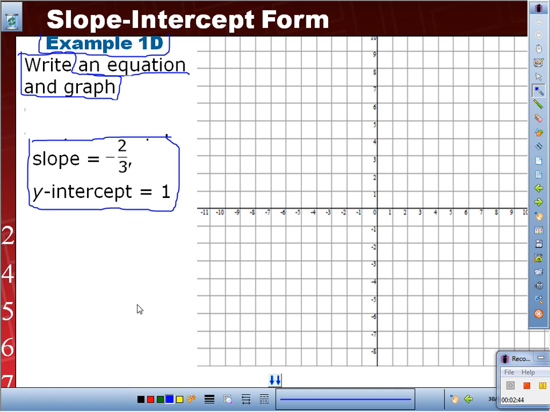All right? So let's do this one together. Brian, what is the first thing we should do? Did everybody hear that? He said write your slope-intercept form, which is y equals mx plus b. That's the first thing you do. What do you do from there, Nate?